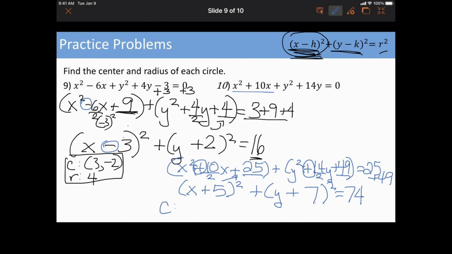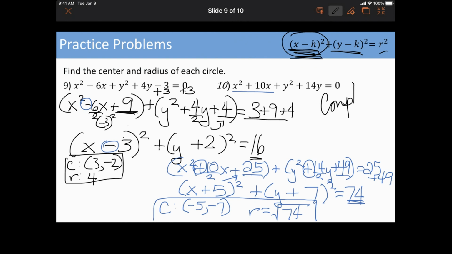The center is going to be opposite, opposite. Radius, remember, take the square root of this. And there you are. So remember, it's called completing the square. You may want to watch maybe some other videos from other people to refresh your memory.